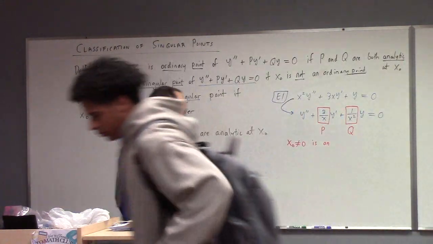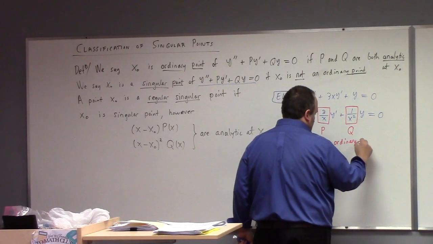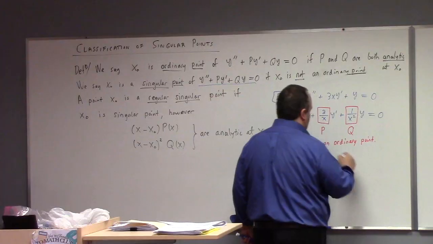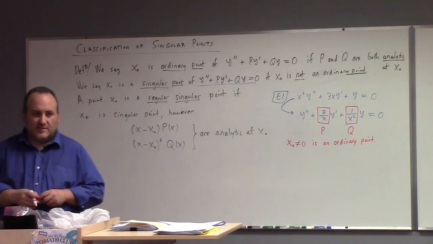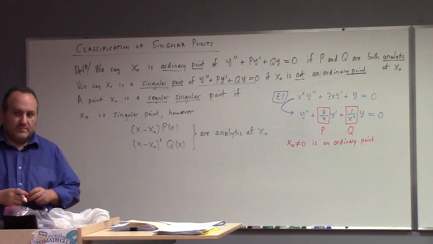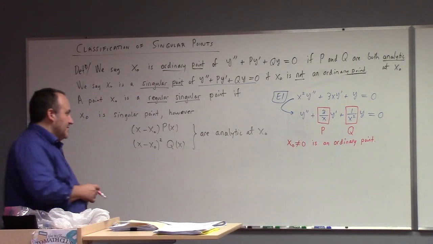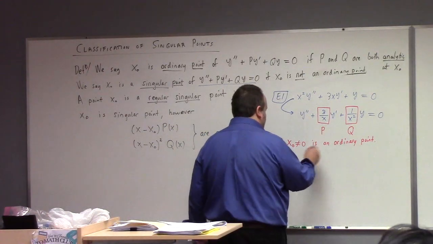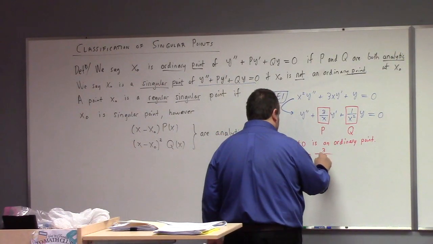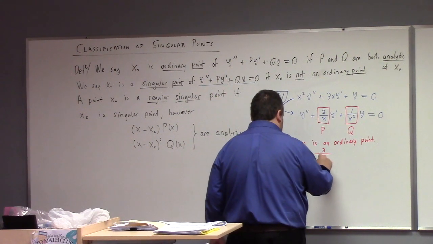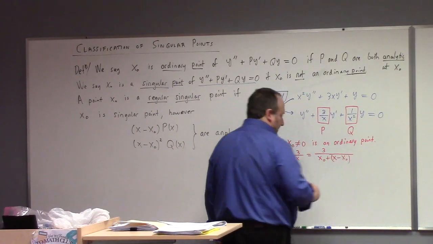Here, x naught is an ordinary point in this case, because both 3 over x and 1 over x squared we could expand as a power series at x naught, right? Do you guys know how to do it? For example, if I have 3 over x, I could rewrite that as 3 over x naught plus x minus x naught, adding 0.